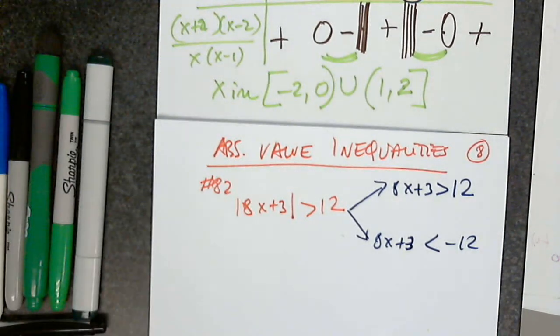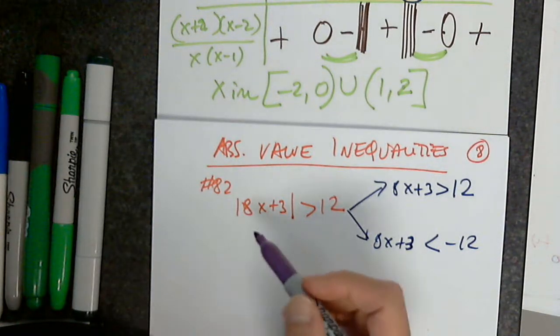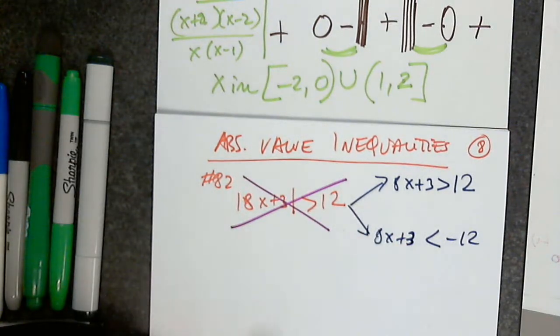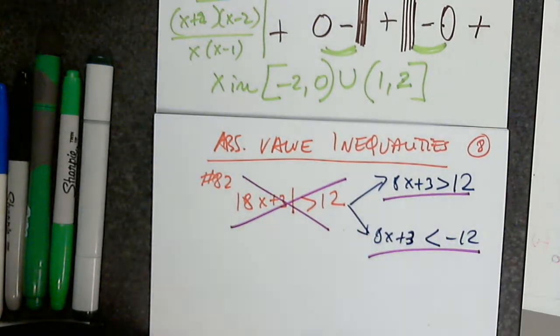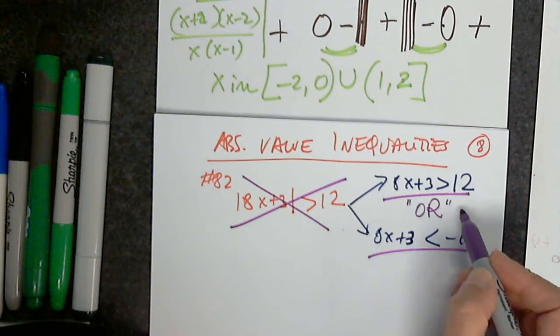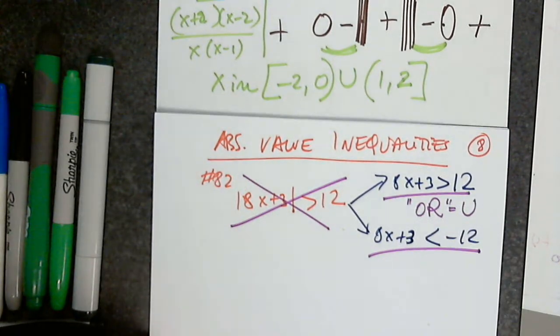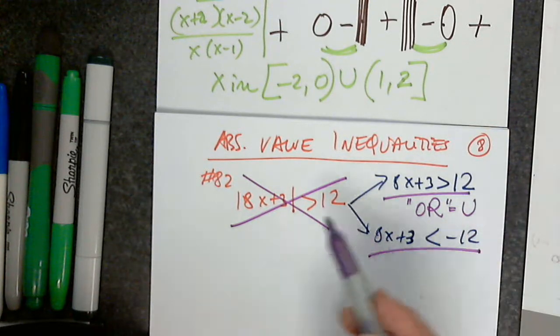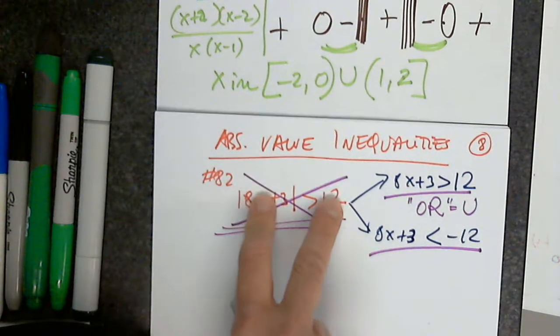So keep in mind, we cannot solve this inequality. We don't cross it out like that, I'm making a point. We cannot solve this inequality. We can solve these two, and of course this is an OR type of relationship, which means union. So these two we can solve, and the union of these two solutions will be the solution to this one.